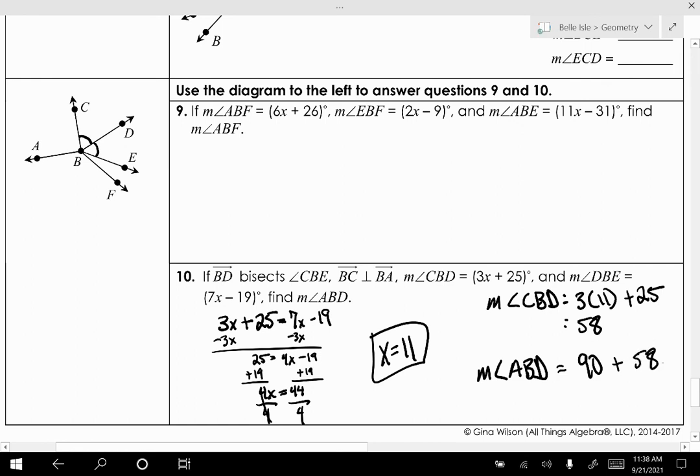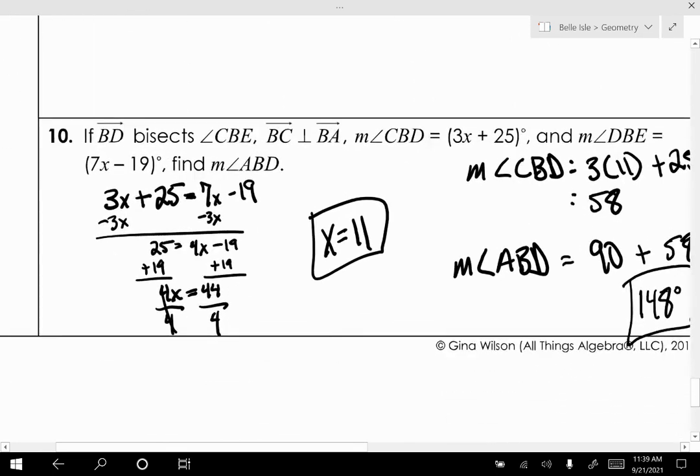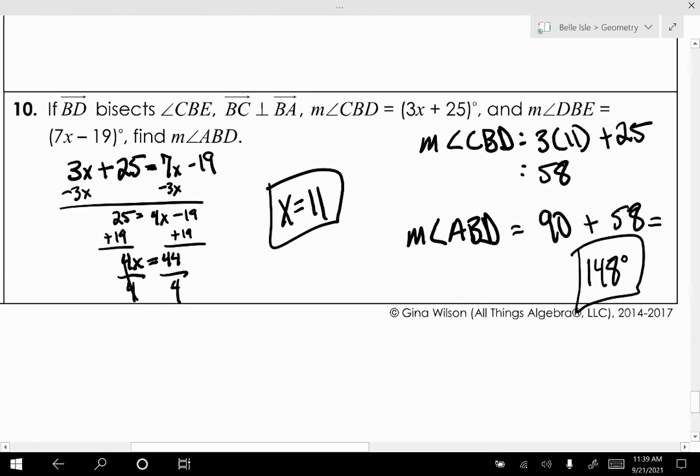Guys, it's 94. 90. Really? Hold on. That's 148. I'm sorry, you already did it. 148. And I showed my work too. Yeah, so I got X, but I sure did.